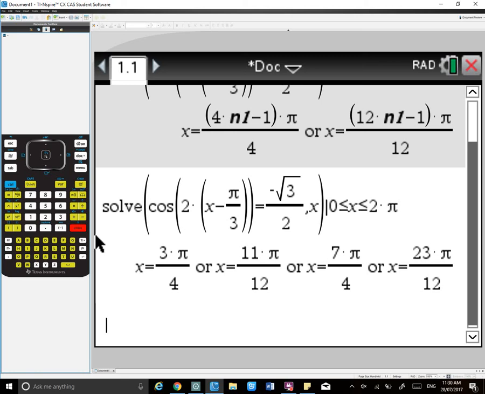A lot of students solving circular functions tell me, oh, I can't find the value, because they haven't restricted the domain. If you don't restrict the domain, you can't see the specific solutions.